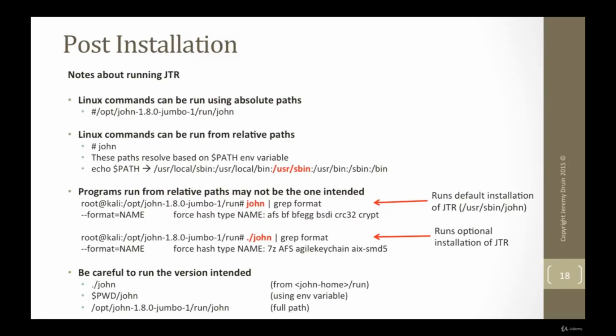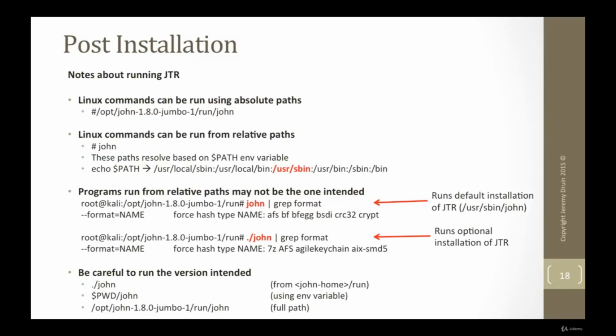If you want to run the version that you've just compiled, you need to prefix with the ./, meaning run from this directory that we're in. Now, of course, that means you need to actually be in the run directory to do it.